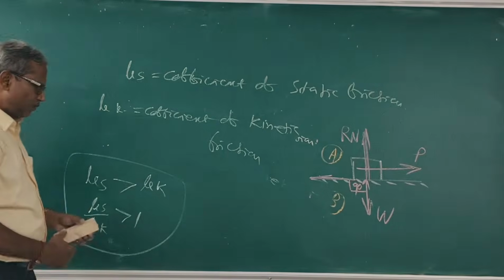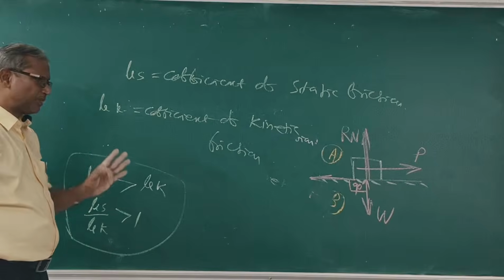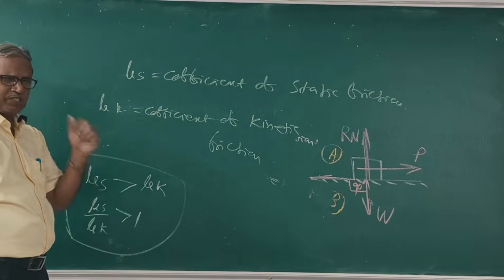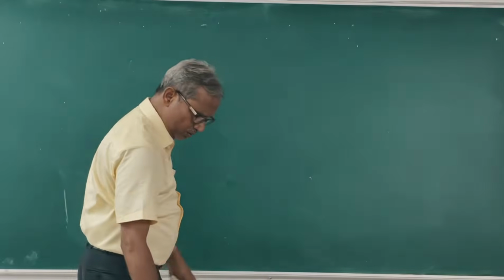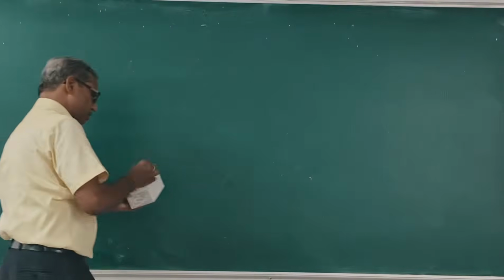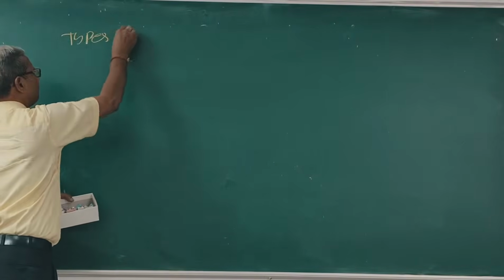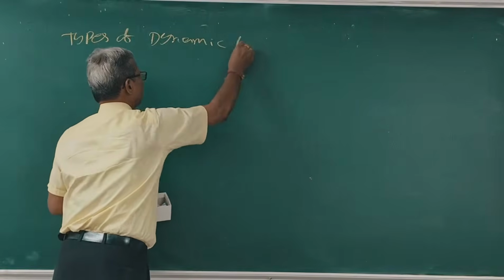Clear? Then mu s is more than mu k, so mu s by mu k is more than 1. This is about friction. So what are the types of dynamic friction?